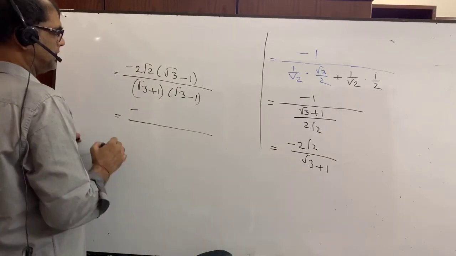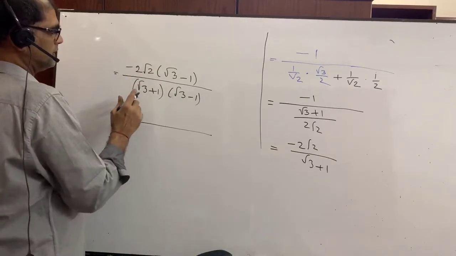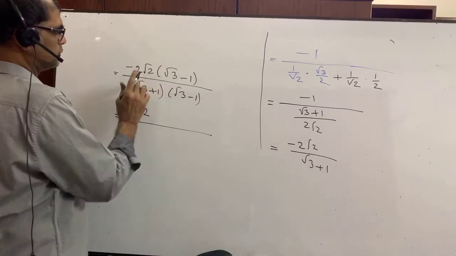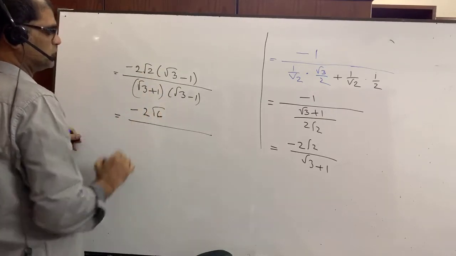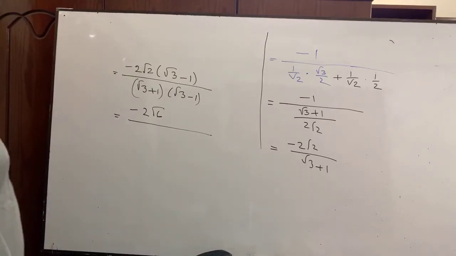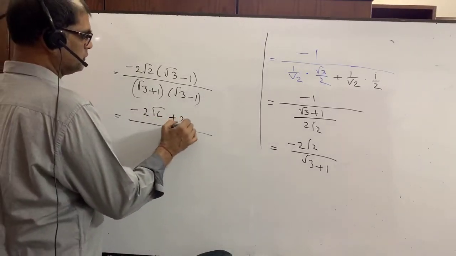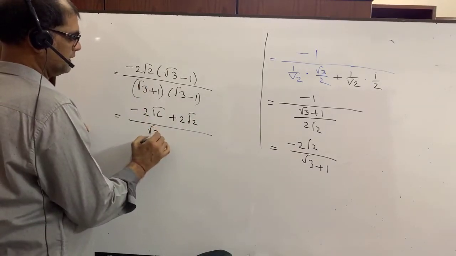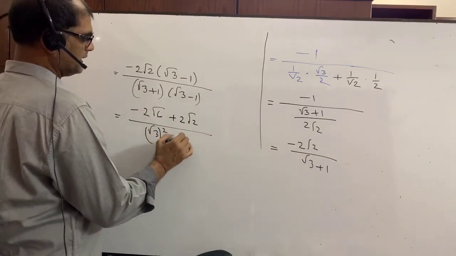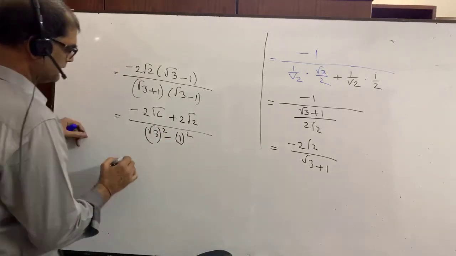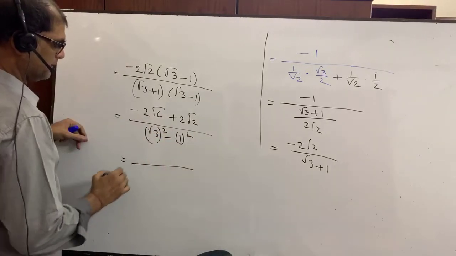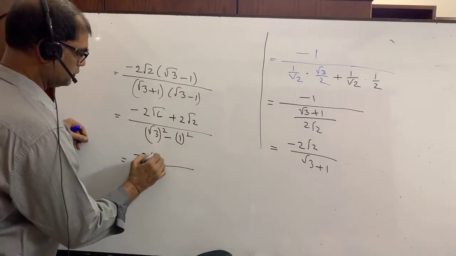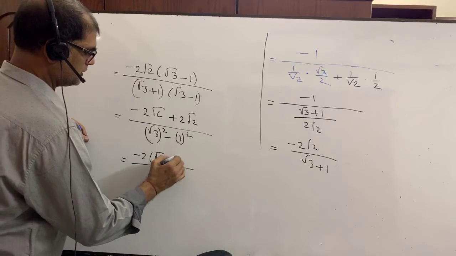In the numerator, 2 root 3 into root 2 is 2 root 6, minus plus 2 root 2. The denominator is root 3 whole square minus 1 square. That means we are getting minus 2 taken common, then root 6 minus root 2.